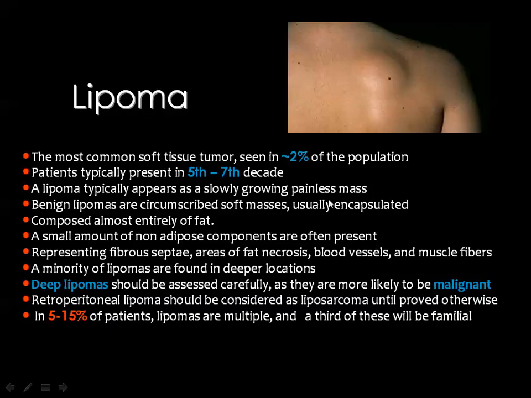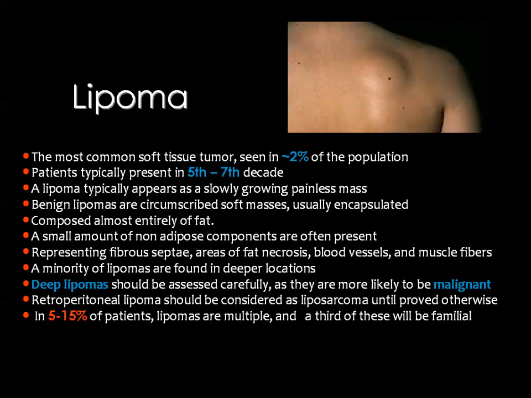This is a slowly growing lesion, which is usually painless, and it is a well circumscribed soft tissue mass, usually encapsulated, composed entirely of fat. Sometimes the big lesions contain a small amount of non-fat component, which represents fibrous septations, areas of fat necrosis, blood vessels, and muscle fibers.